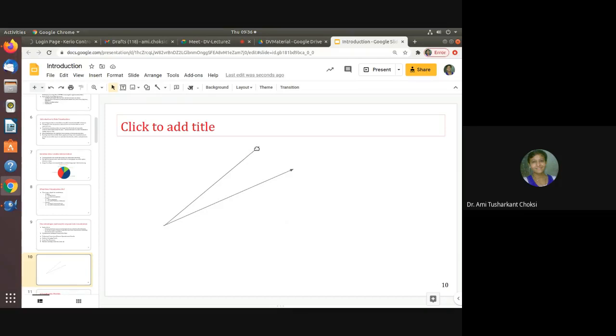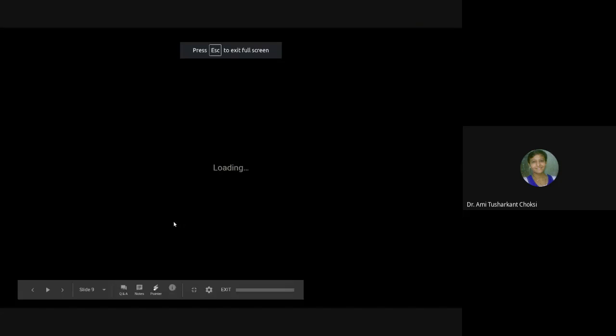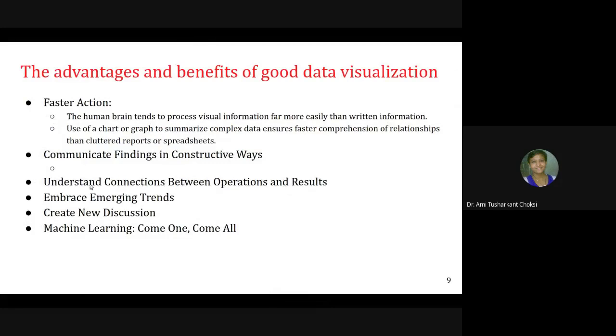So we can interpret this very easily from the graphs and charts. So we can see the connections between the operations and results.